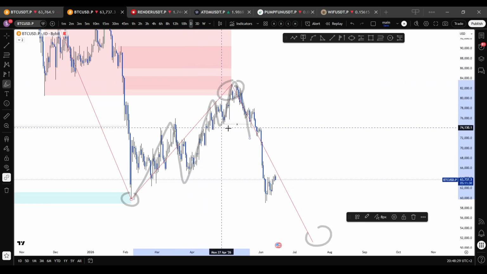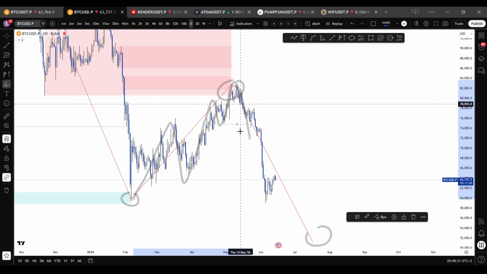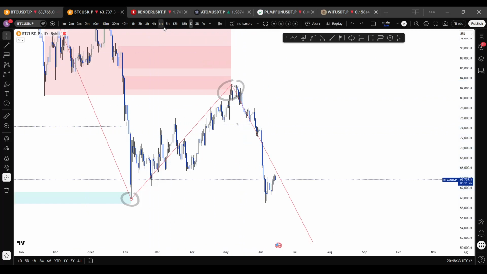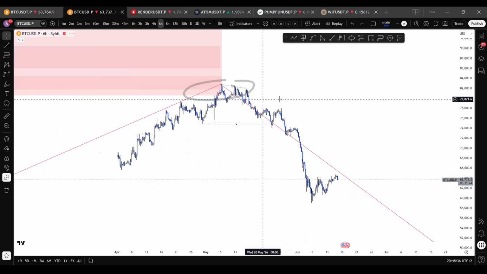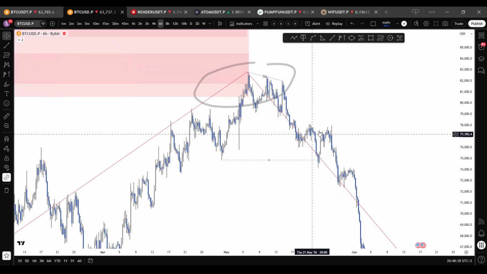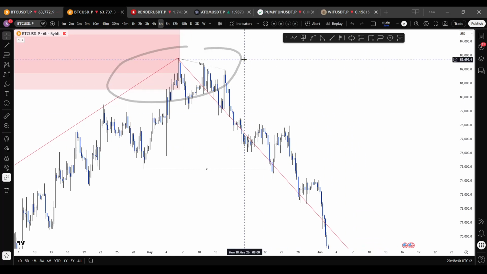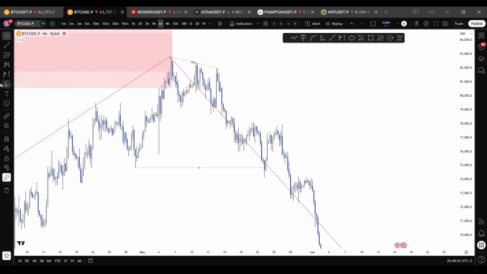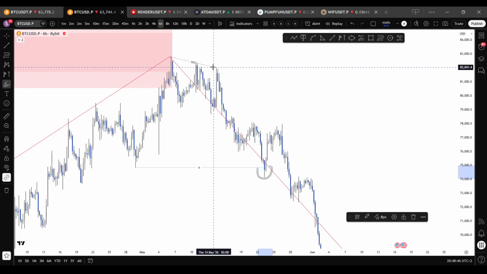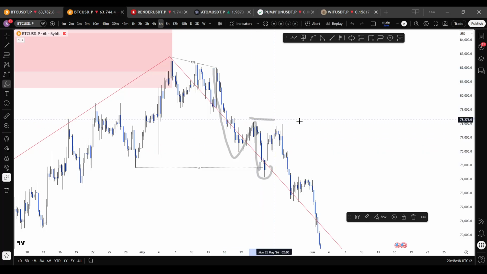And here was the first time we worked it. It was not a break, it was just an SFP, and to confirm it we have to break structure back to bullish. So to confirm this wick, we would have to break this high.